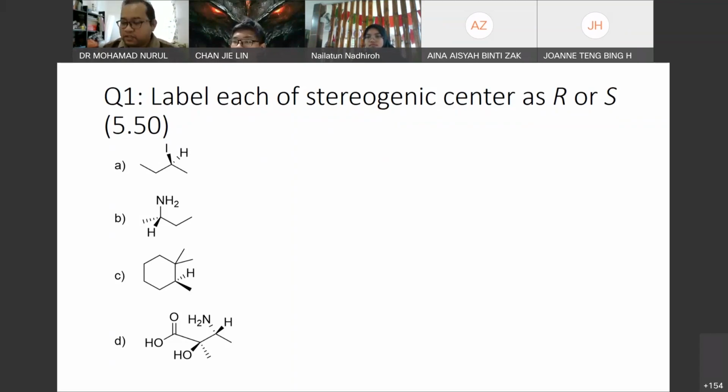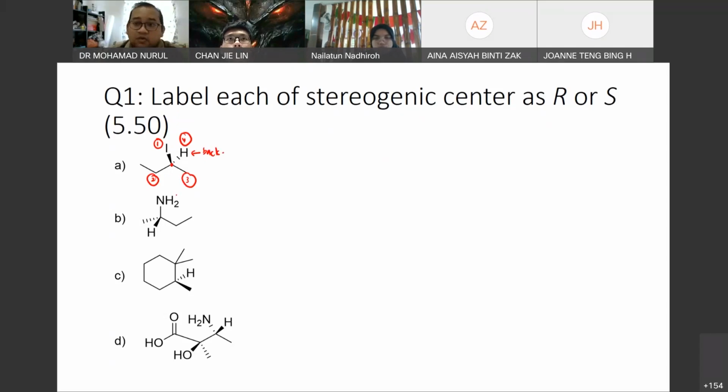We have one stereogenic center, and after that you have to go back to the definition. You have number one here, and after that you have number two. We start with the simplest one first. This one is number three. This one is number four. So you have to put number four at the back.